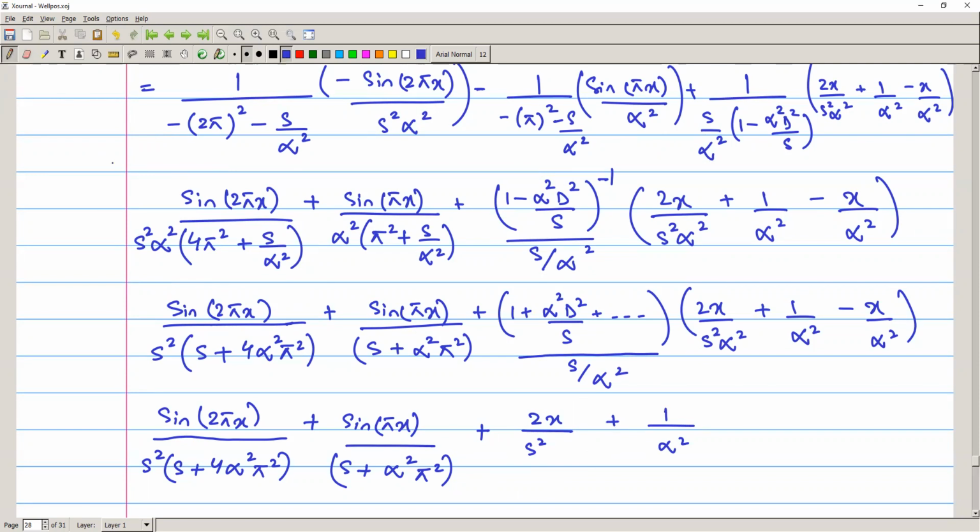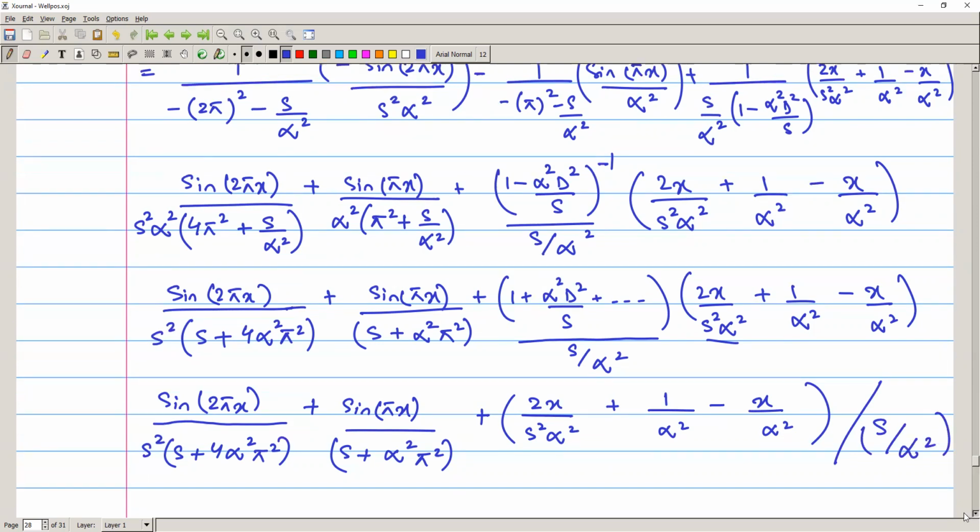Sorry, this is s squared alpha squared, this one. 1 plus alpha squared minus x over alpha squared, then whole divided by s over alpha squared, right?